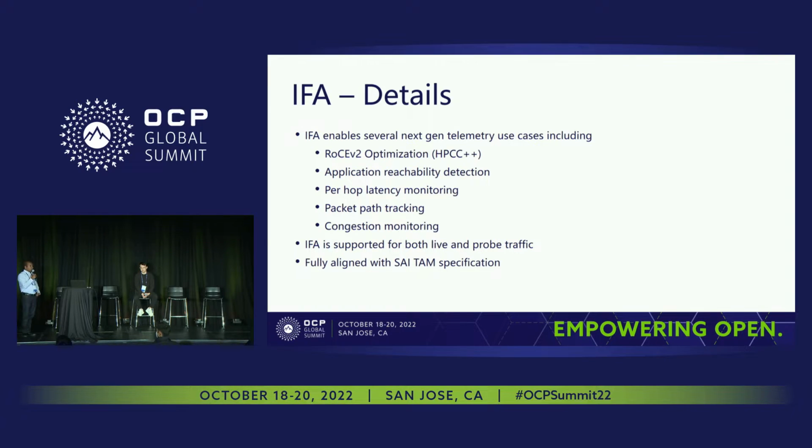And you all know latency is a key problem that network operators have to deal with. And usually when an application complains about latency, it is the network that gets blamed unless proven otherwise. Because we have per hop latency information, whenever an application complains, you can quickly see, is it the network or the application that caused the problem?